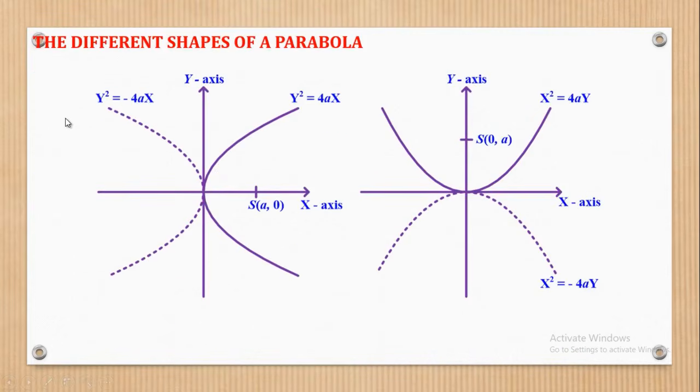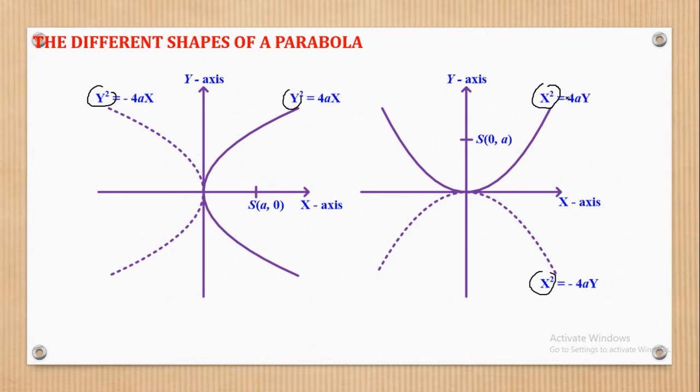Now there are different shapes of a parabola. In simple terms, a quadratic curve is always a parabola. I think you realize that here there is the degree of 2 in terms of y. So all quadratic curves have a special name, and that special name is called a parabola.